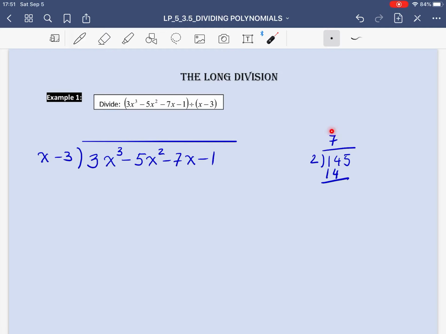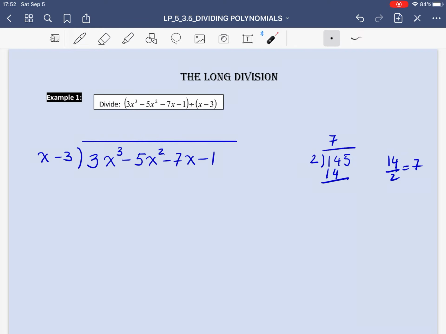Now, think about it this way. The way you figure out the number of times number 2 goes into 14 is by simply dividing 14 by 2. So 14 divided by 2 is 7. And that's why we say that 2 goes into 14 7 times. The reason I'm bringing this example is because the same operation that you perform to figure out how many times a number goes into another is used in polynomial division.